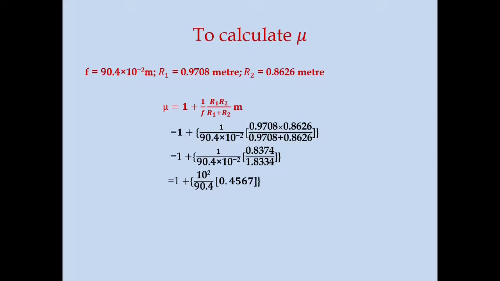Then the 10 power minus 2 in the denominator is taken to the numerator, so it becomes 10 power 2 divided by 90.4, and dividing 0.8374 by 1.8334 gives us 0.4567. Then divide this 0.4567 by 90.4, we will get 0.005051, and multiply that value by 10 power 2.